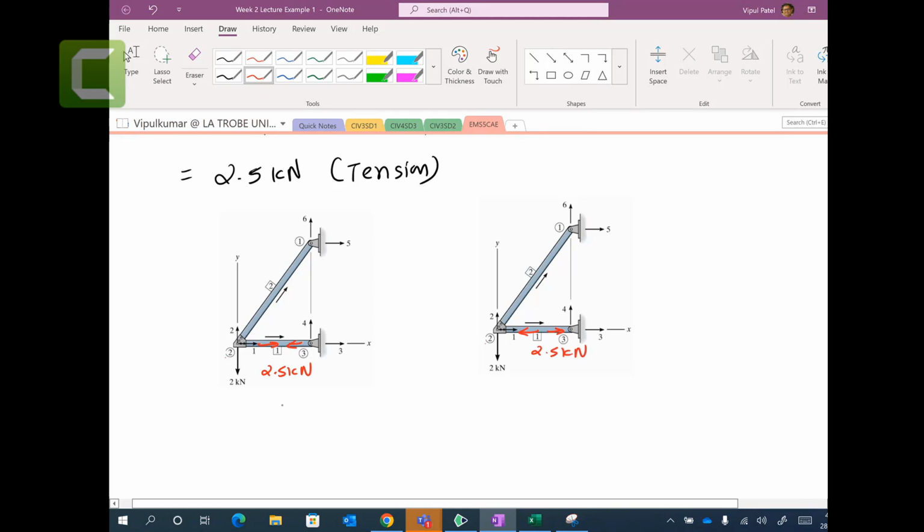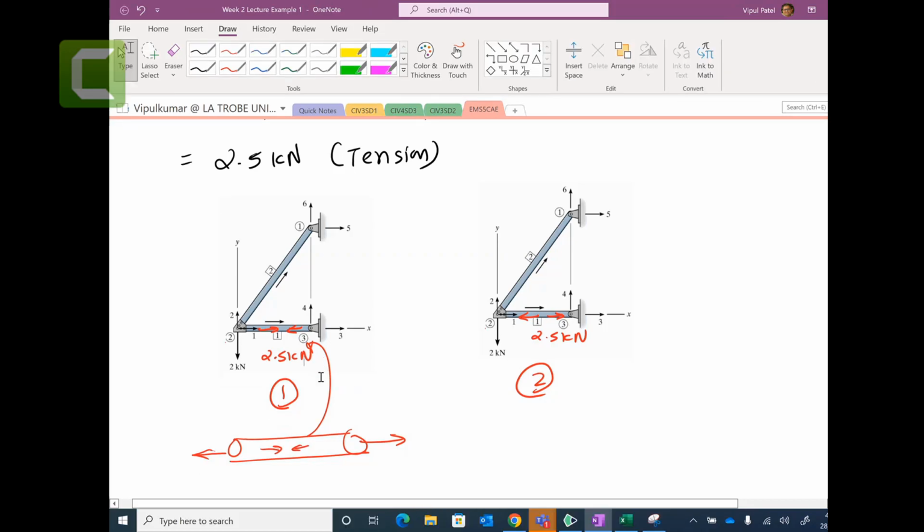What happens there? When you apply these tensions, it will be like this internally. So that is the correct answer, tension. I hope you understand the story. If someone asks you to calculate those, you can easily do it.